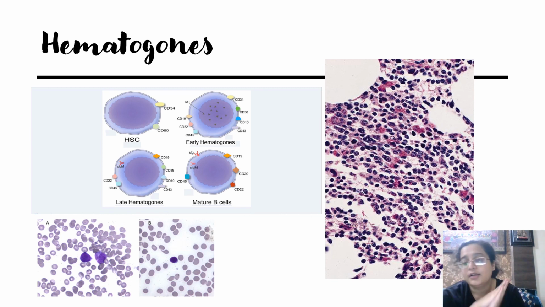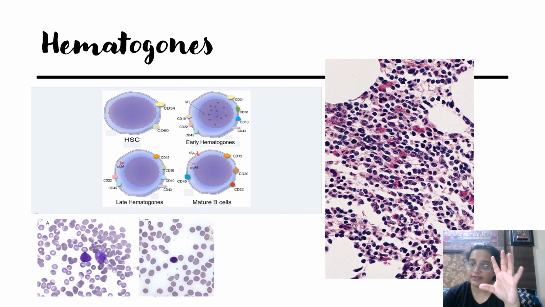Very important and recently coming up is hematogones. When a marrow is recovering from an infection and injury or post-chemotherapy, it forms some immature precursors. They are commonly seen in the paratrabecular area, can be seen in the interstitium, but they are immature and they very commonly mimic blasts.